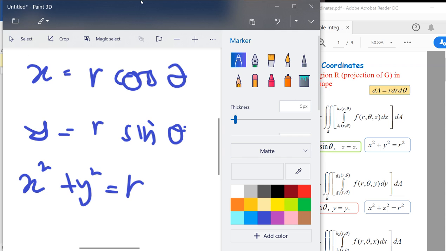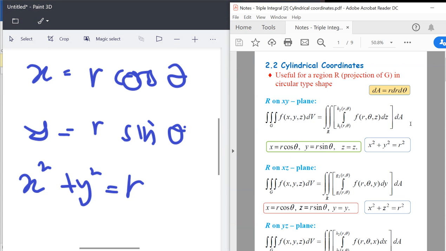So if the projection is on the xy plane, x is still r cos theta, y is r sin theta, but z remains as z. We have x squared plus y squared equals r squared. For dA, we keep using r dr d theta. This is not changing; it is the same for all three types.